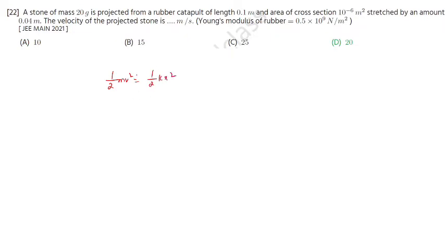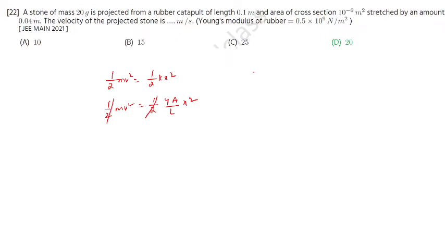But here, in the place of k, we can write it as Y A by L, where Y is Young's modulus, into x square, equals half mv square. On both sides 1 by 2 will get cancelled.